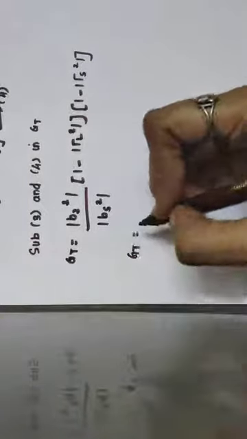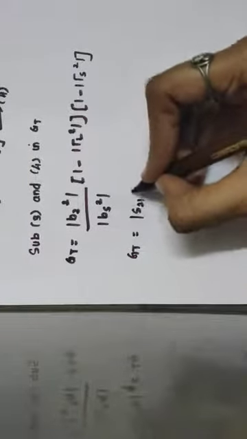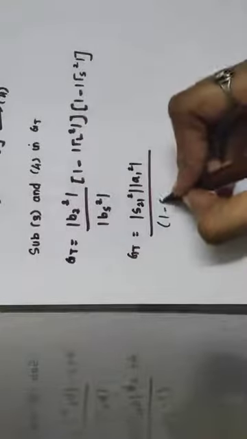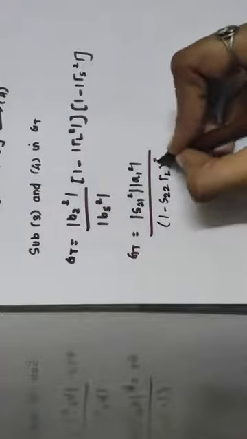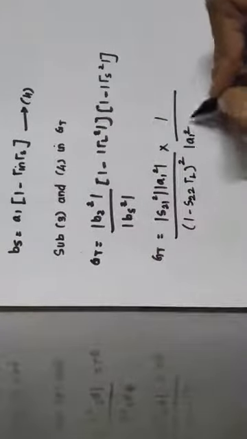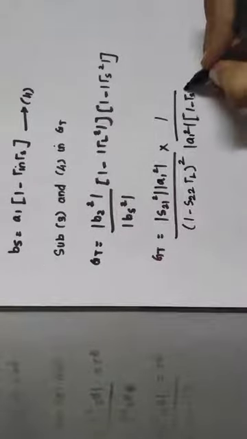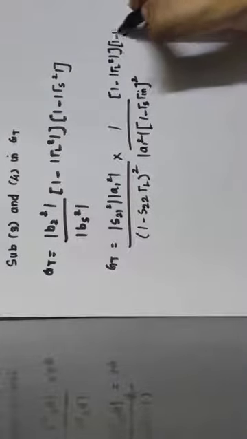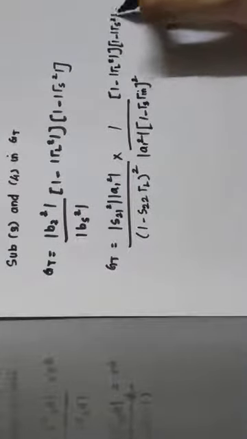So GT becomes: B2 squared is |S21|² into |A1|² divided by |1 minus S22 Γ_L|², divided by |Bs|². So let us take the reciprocal of this. So this will be 1 by |A1|² into |1 minus Γ_in Γ_S|², and these two terms remain as such: (1 minus |Γ_L|²) into (1 minus |Γ_S|²). So here this |A1|² can get cancelled.